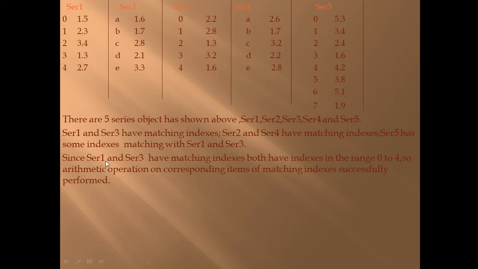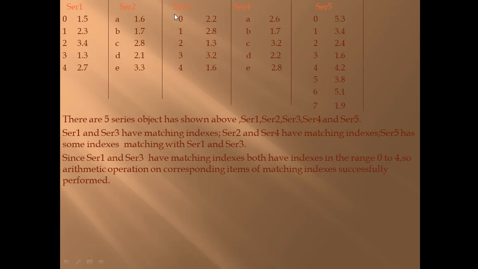Okay. Since series 1 and series 3 have matching indexes, both in the range 0 to 4, arithmetic operations on corresponding items of matching indexes are successfully performed. That means index 0 of series 1 will be added or subtracted, whatever arithmetic operation you want to perform, with the 0th index value of series 3.